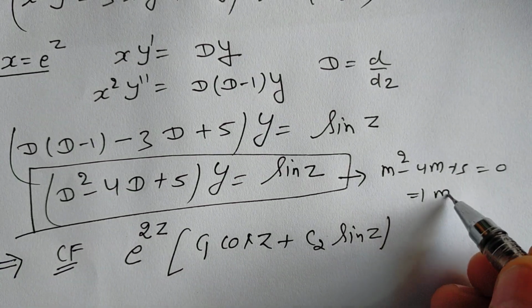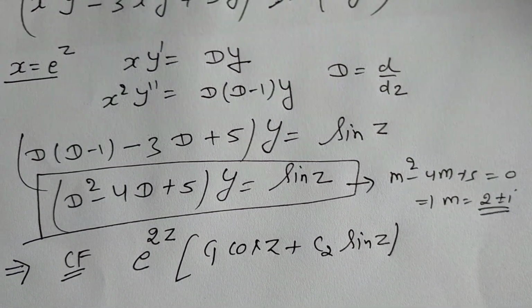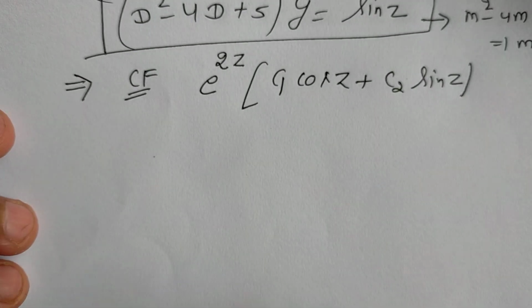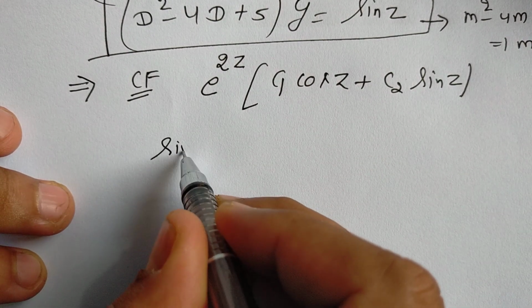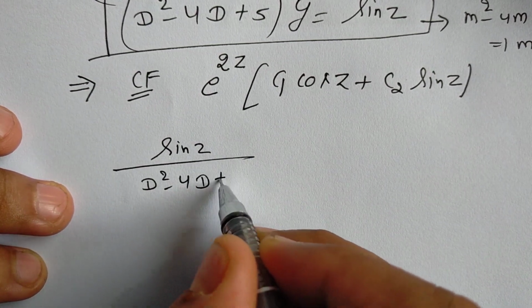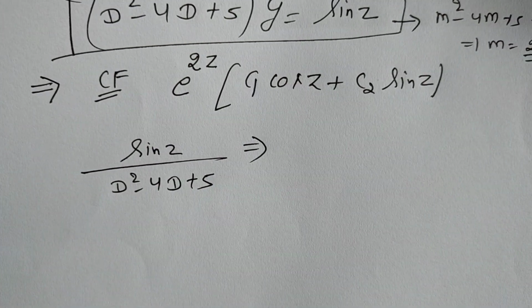So we have the root m equal to 2 plus minus i. So we can write the complementary function, and the particular integral we can find out as sin z by D square minus 4D plus 5. Let us try to find it using the inverse method.